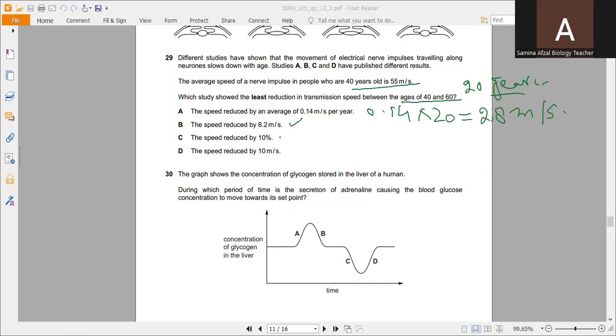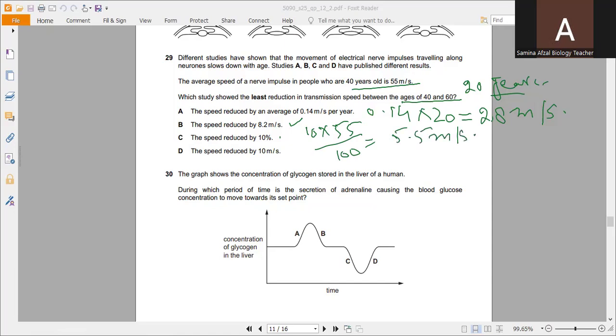So 10% of 55: we have to find 10 times 55 divided by 100. So it is 5.5 meter per second.